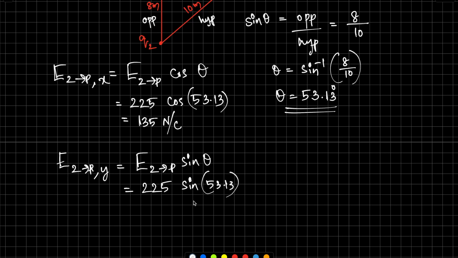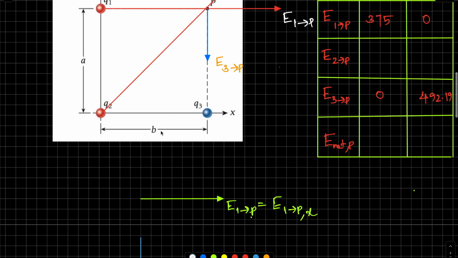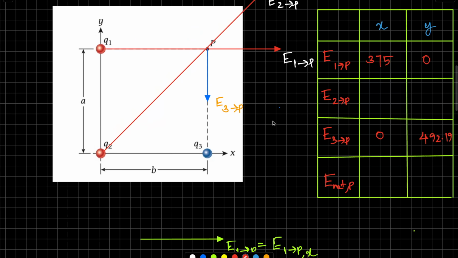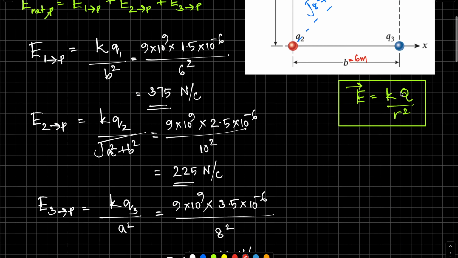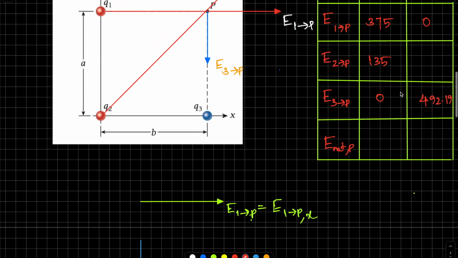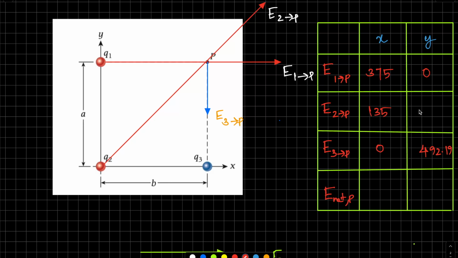If you solve it, you'll get 180 newton per coulomb. So the x component is 135 and the y component is 180.